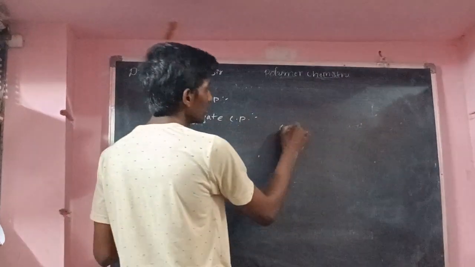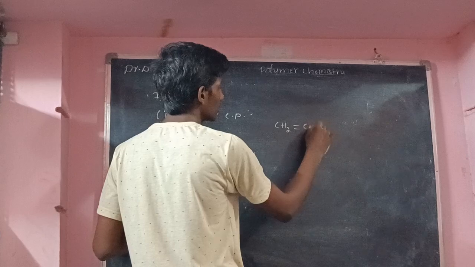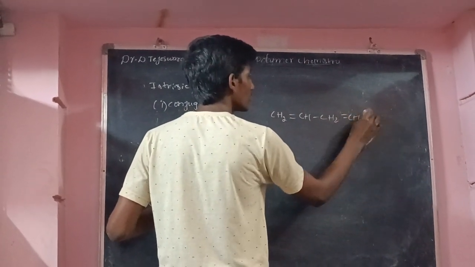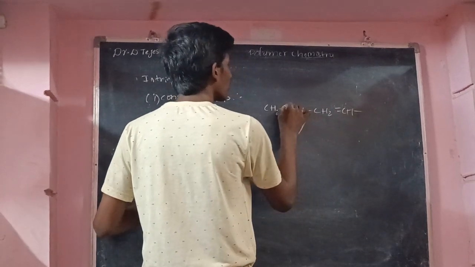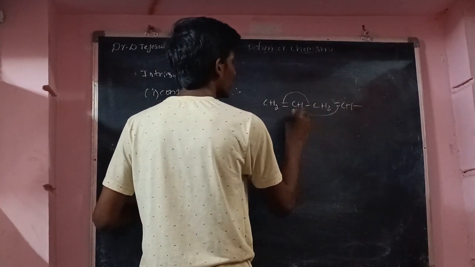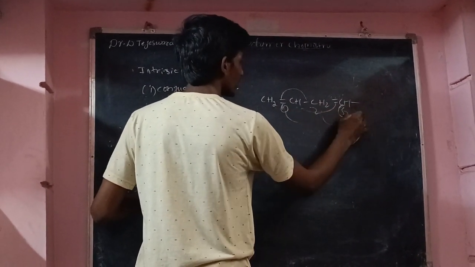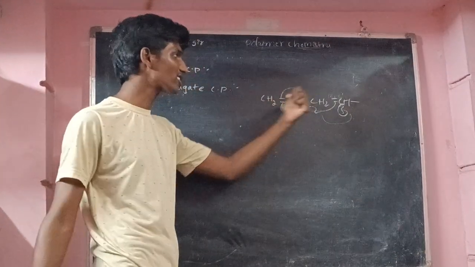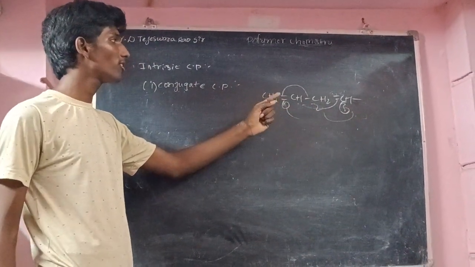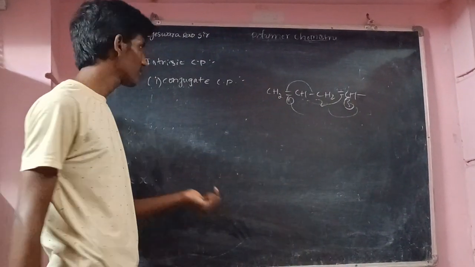For example, CH2 double bond CH, single bond, CH2 double bond CH, like this. Conjugated double bonds, one after another. Due to the presence of conjugated double bonds, the conductance is increased.